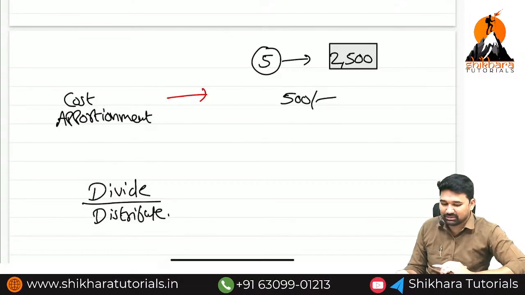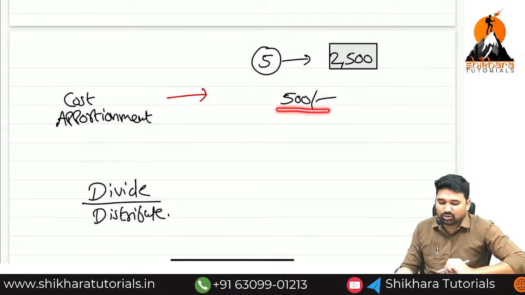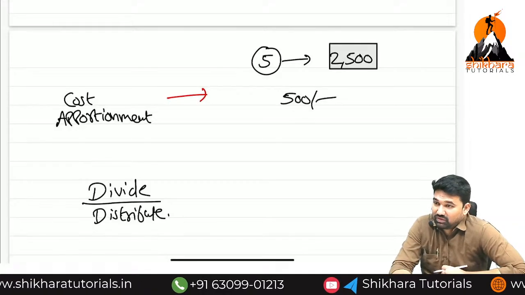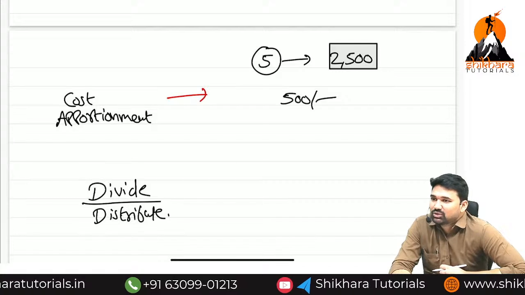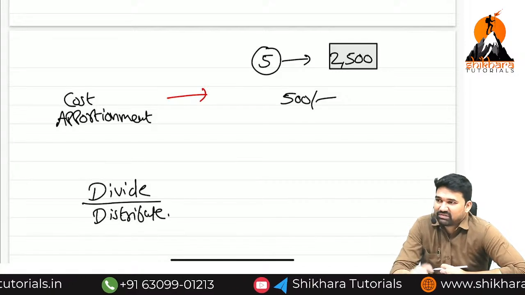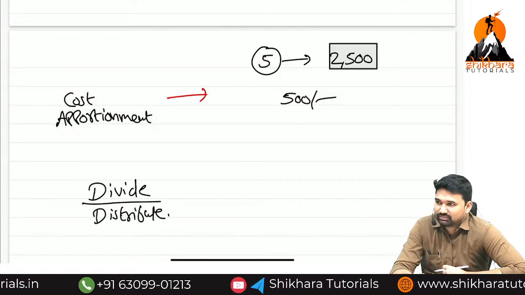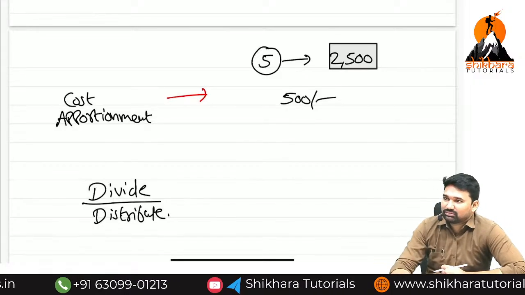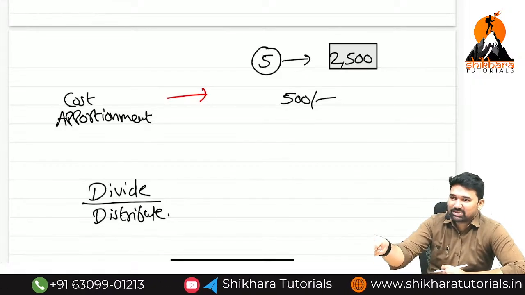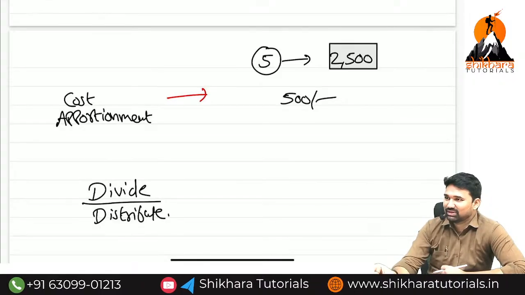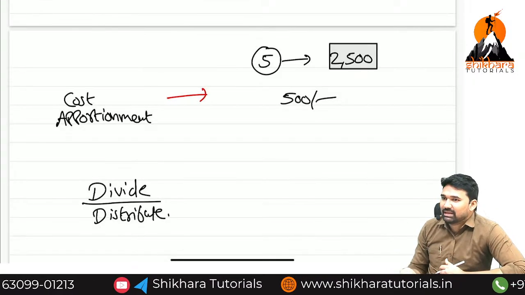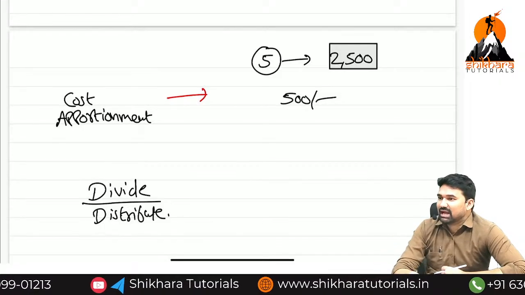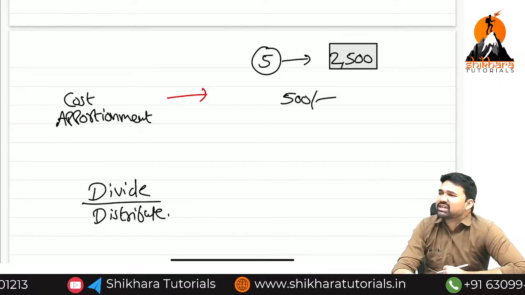Frankly speaking, per person is charged how much? 500. Do you really think everybody in that group of 5 is justified to pay 500 rupees? You may eat more. Your actual bill must be 700 or 800, but you will be charged 500 only. Another person ate very little, and only vegetarian dishes.